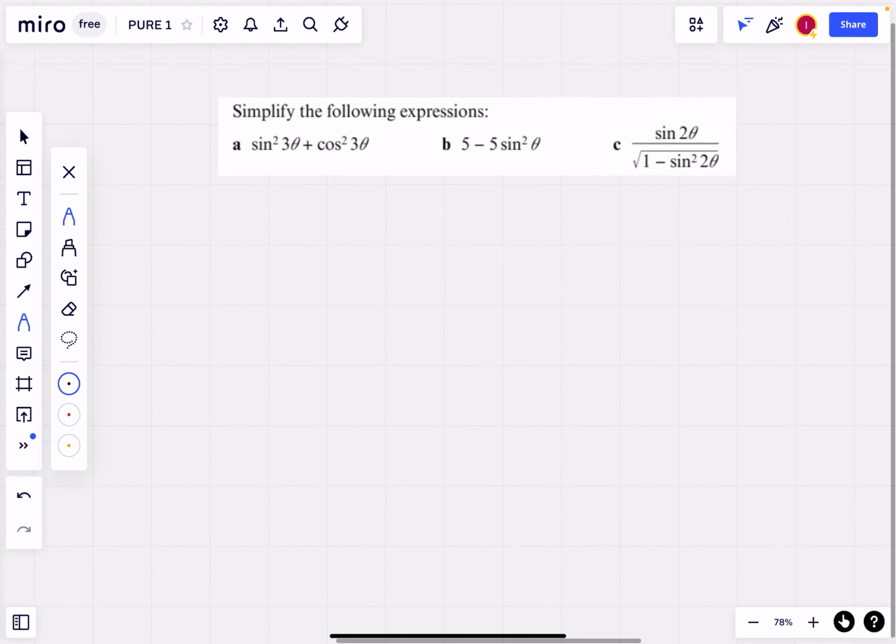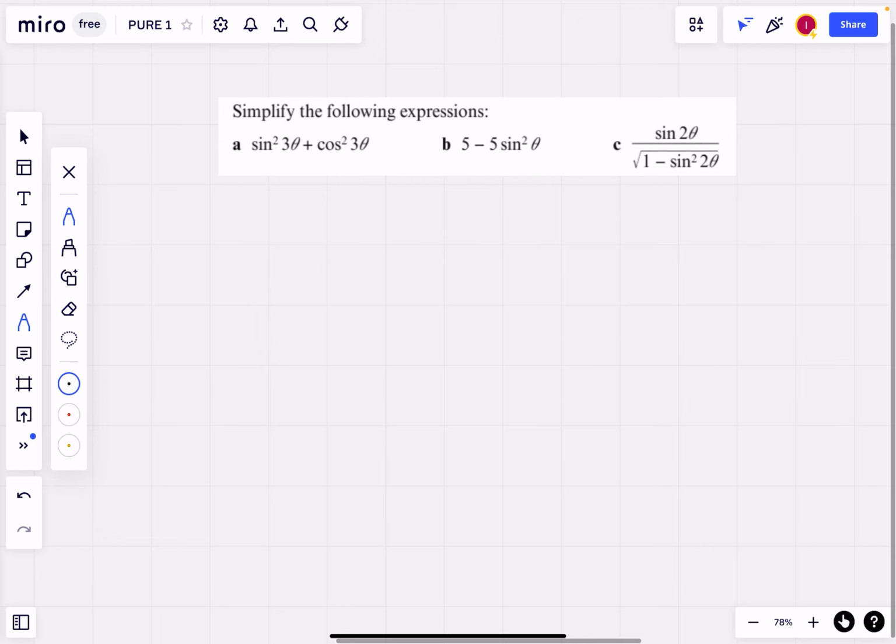So it says, simplify the following expressions. You're going to use your identities in order to simplify them. The first one, sine squared 3 theta plus cos squared 3 theta. You're going to use the first identity, sine squared plus cos squared equals 1.